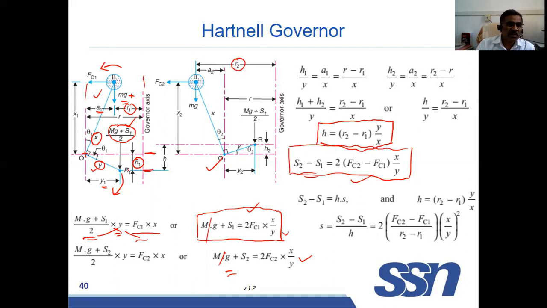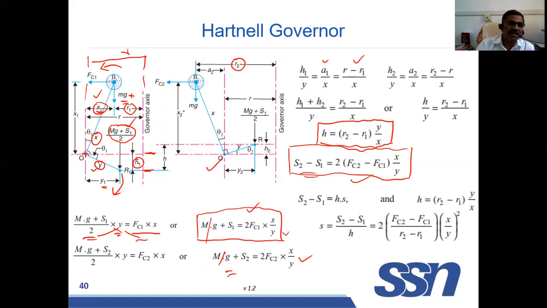Now this distance h1, h1 by y is equal to this distance a1, a1 by x. What is a1? A1 is equal to this, which is r. So r minus r1 is equal to a1.